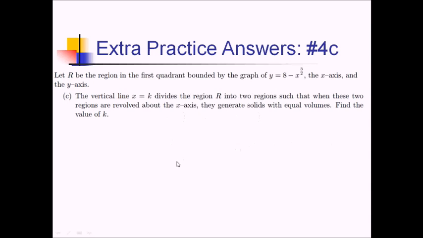So what I'm going to do is take the integral from 0 to k, there's some k value, that when I integrate my area formula, which if I write it out again is pi times f of x squared, or I'm actually going to write it out on this one, 8 minus x to the 3 halves, squared dx, and you'll see why I'm doing this in a second. If we do this, we should get a volume that is half of V. So I'm going to say that this equals V over 2.